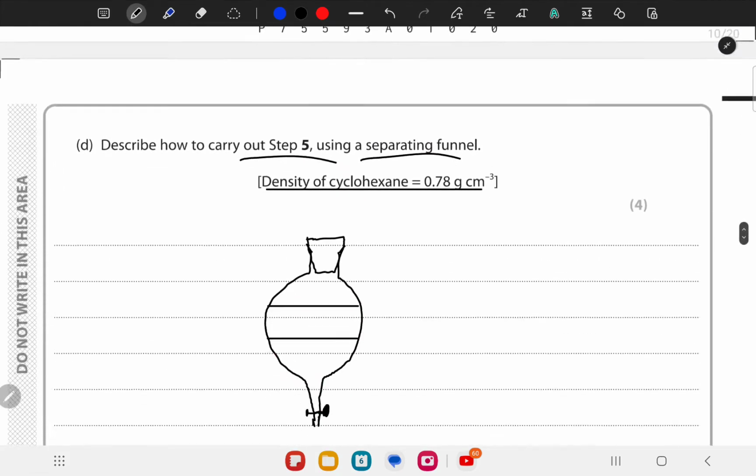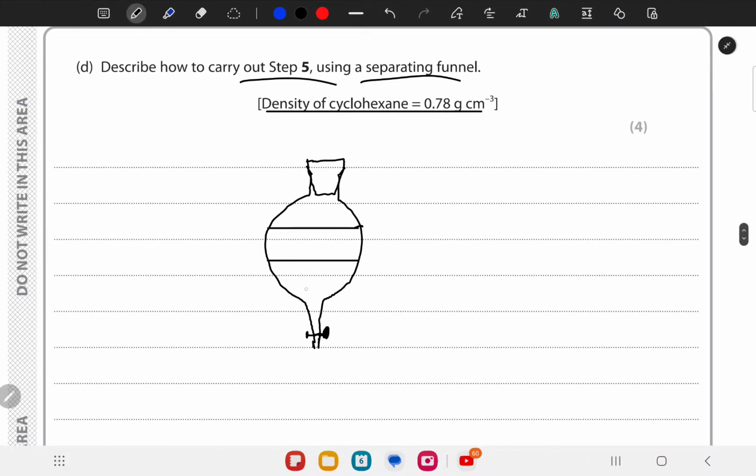The density of the iodine solution would be 1, so this would be the iodine solution. It's more dense, so it's going to be at the bottom. So this will be the cyclohexane layer. This will be the aqueous layer. Since iodine is a non-polar compound, it's going to dissolve more in the cyclohexane layer.